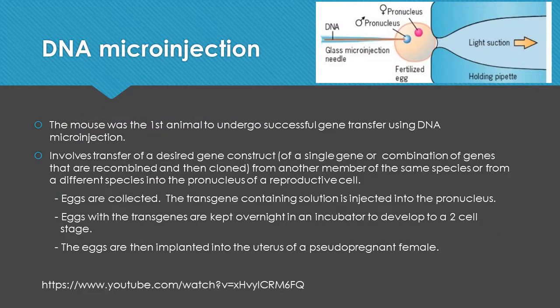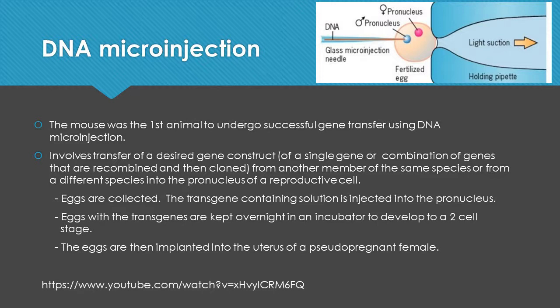First, DNA microinjection. The mouse was the first transgenic animal that has been produced by this DNA microinjection method. This method involves a transfer of a desired gene construct.